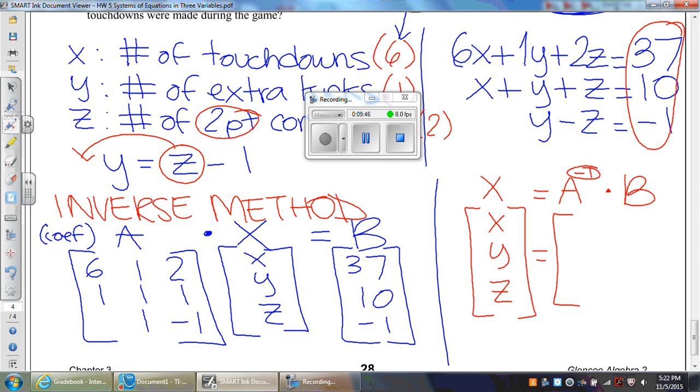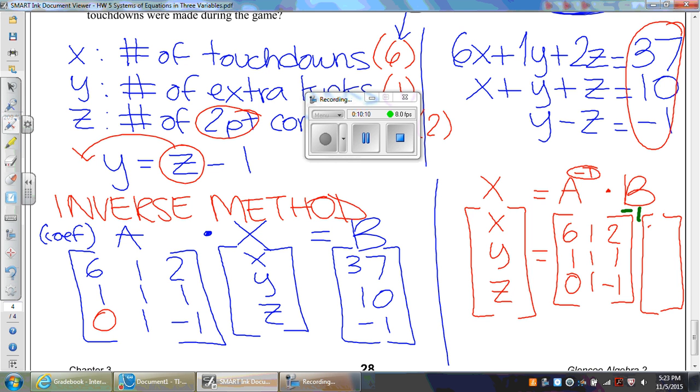So what you will have to do is enter 6, 1, 2, 1, 1, 1, 0, I forgot that 0 here, 0, 1, negative 1, and then make sure you do include that inverse, and then we'll multiply that times the constant matrix, 37, 10, and negative 1.